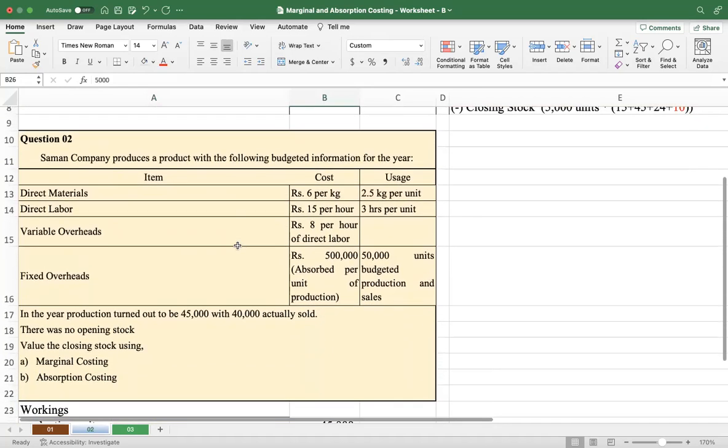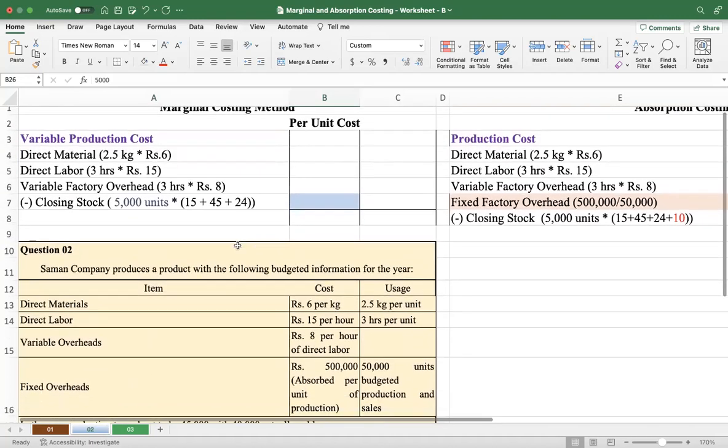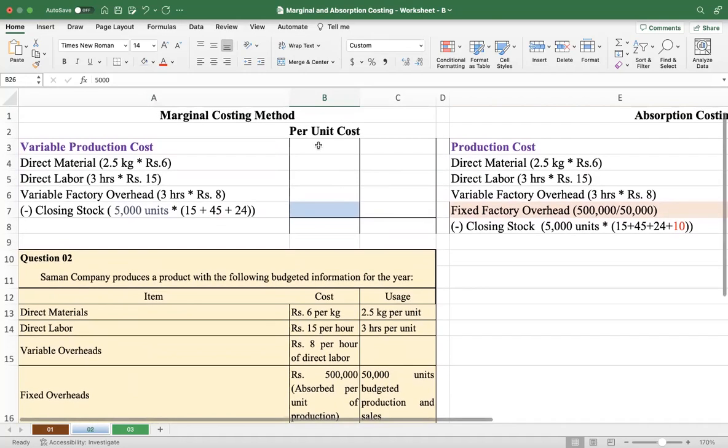So previously also we discussed, whenever we are finding the closing stock, we need to find the per unit production cost, right? How much we spend to produce 1 unit of that particular product. But in marginal costing, the difference is we are taking only the variable production costs. We don't take any fixed production costs here.